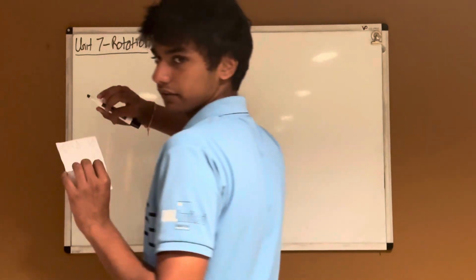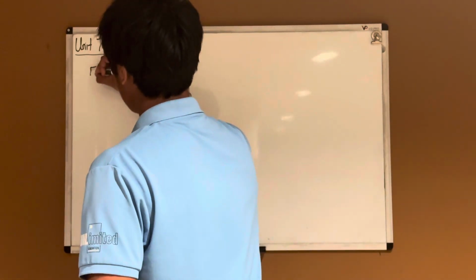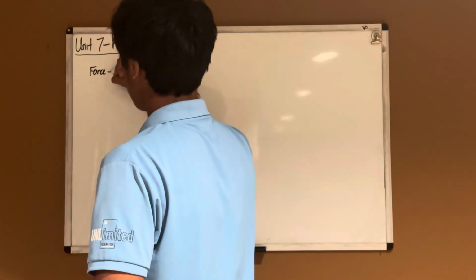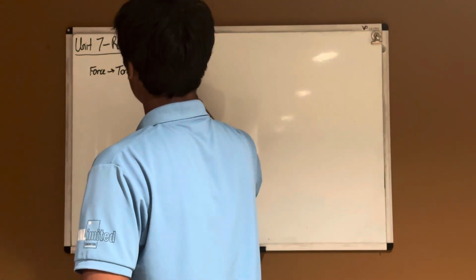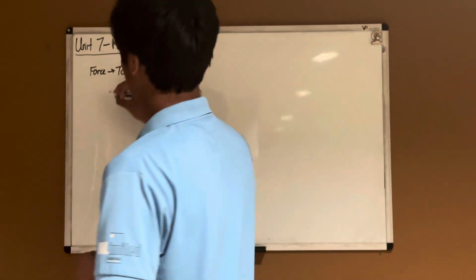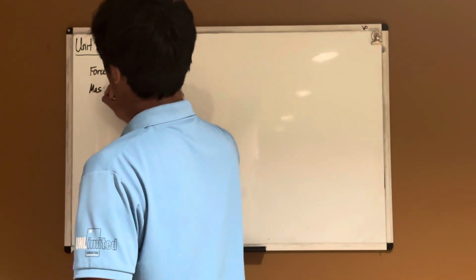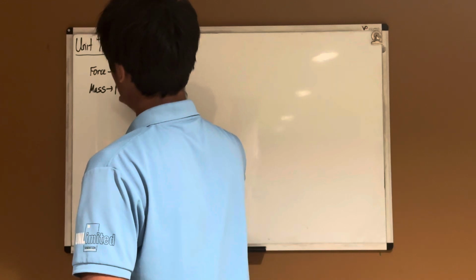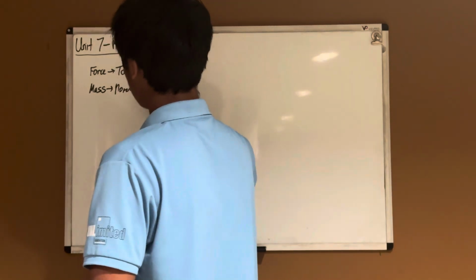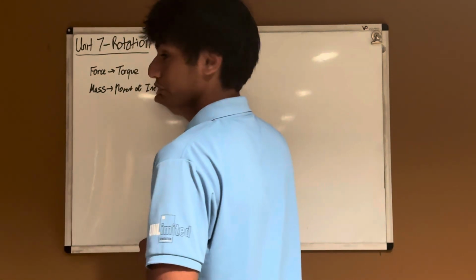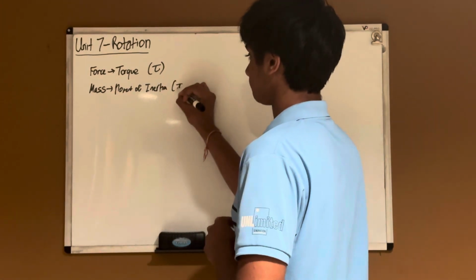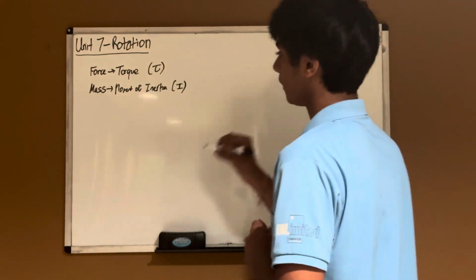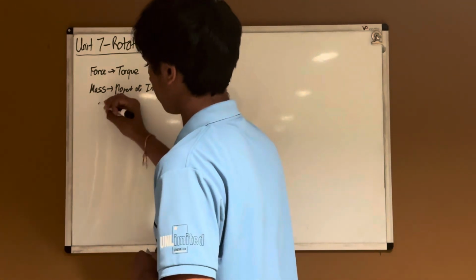So in linear terms, we have force, right? And our equivalent for rotation is torque, which is given the symbol tau. In linear terms, we have mass. In rotational terms, we have moment of inertia, or rotational inertia, given the symbol I. We also have acceleration, right?